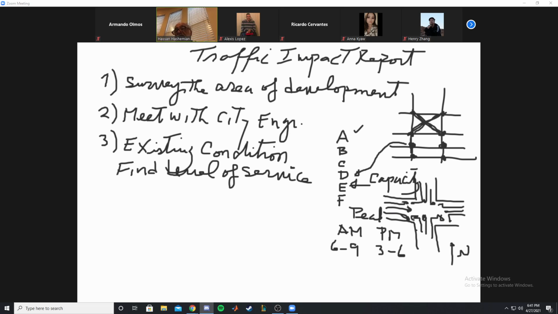Level of service is E or F. So if you build a building on Valley Boulevard, although we are contributing some traffic to that intersection, it's not our fault because already it's E or F. That's why we have to do current condition. So we do current condition or existing condition of all the intersections, take the data, analyze it, find the level of services for each intersection.